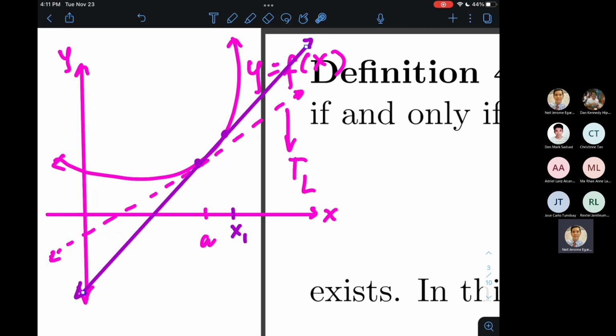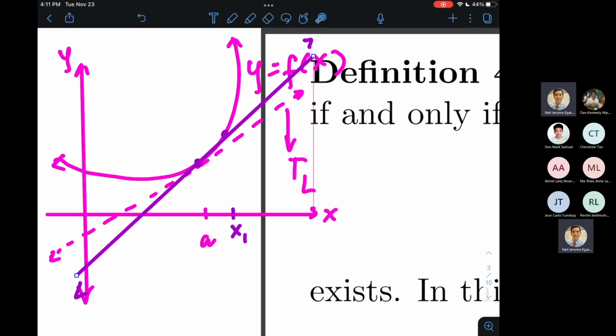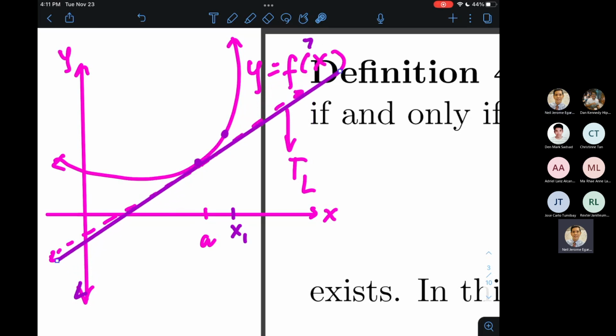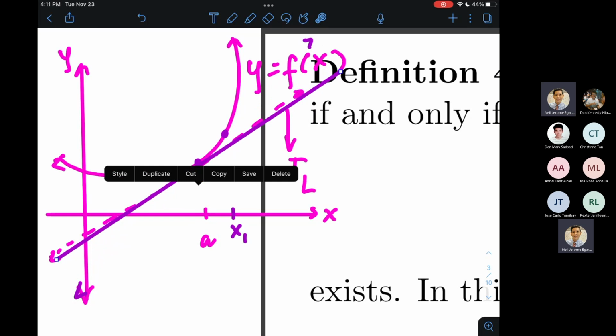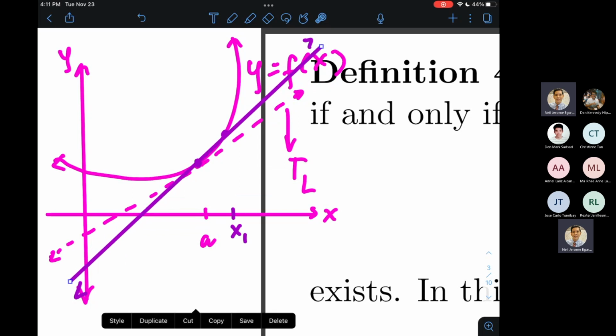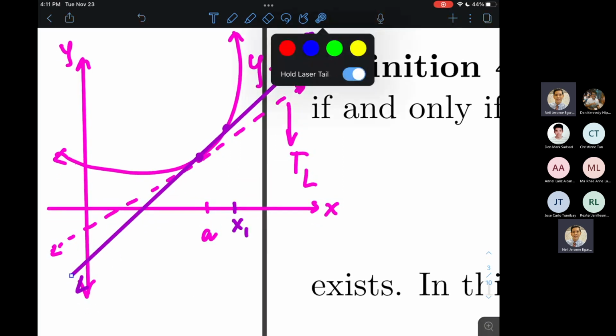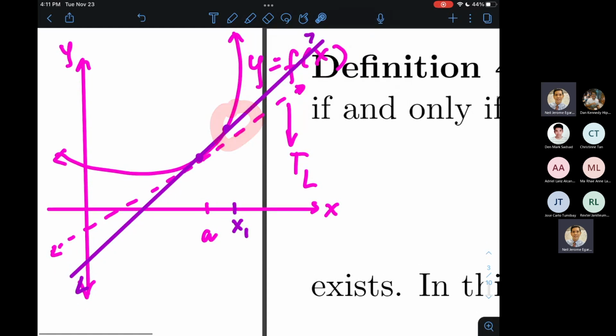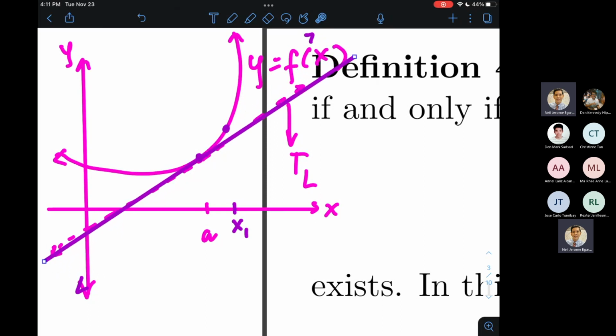Yung point na to ay palapit ng palapit kay A, so yung x1 palapit ng palapit kay A, makikita nyo yung secant line ay magiging malapit na dun sa tangent line.